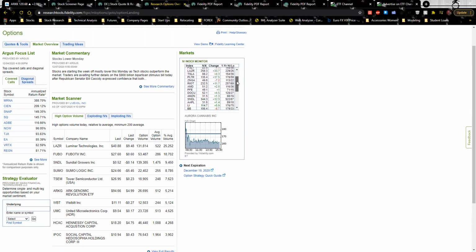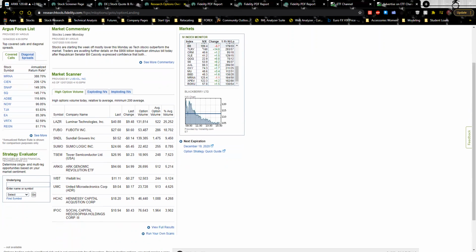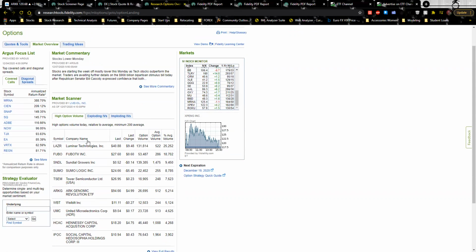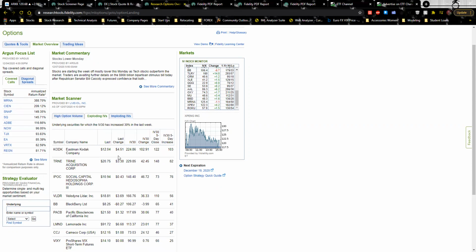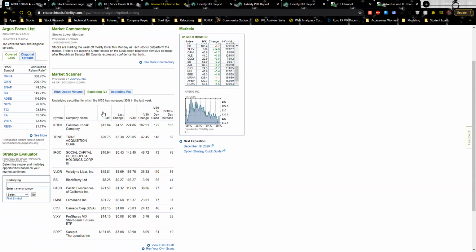IV index monitor. So you can look here and see what IV's been changing, which are some high ones, some low ones. What was the high and the low for the year, and where they're placed at. Another thing is you can also look at what's been getting some high option volume, what's been getting exploding IVs, of course Kodak.